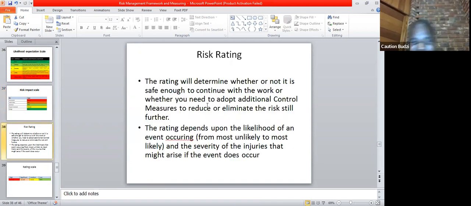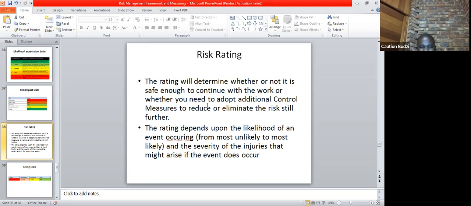So the risk rating determines whether or not it is safe enough to continue with the work, or whether we need to adopt additional control measures to reduce or eliminate the risk still further. The rating depends upon the likelihood of an event occurring, from most unlikely to most likely, and the severity of the injuries that might arise from the event.